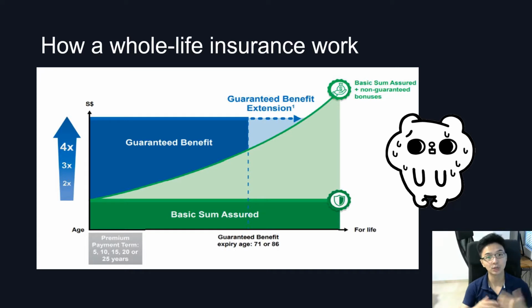Now, for those who are sharp, you would have realized that actually the base sum assured is the whole life insurance component, while the additional sum assured is technically the term life insurance component. To do an accurate apple-to-apple comparison, what needs to be done is to design the term policies in a way where they reflect similar coverage behavior throughout the policy lifetime. Okay?